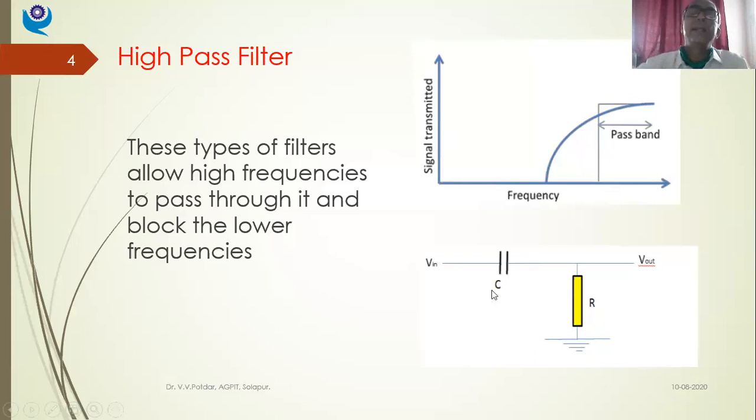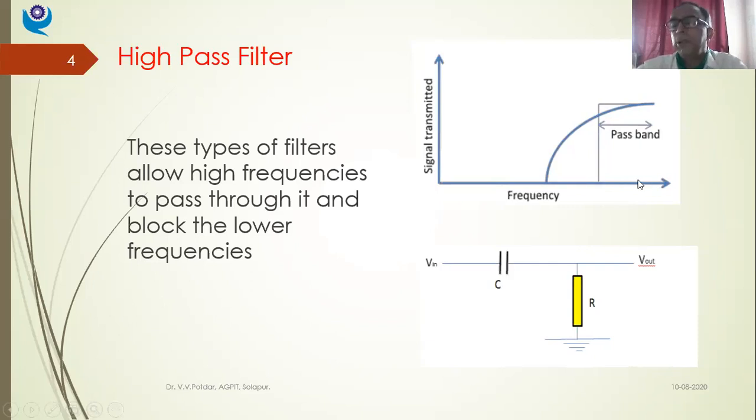Just extending your concept regarding the low frequency pass filter, what will this high pass filter do? It will allow the frequencies beyond a certain breaking frequency. Only higher frequencies will be allowed. So this is my pass band. Beyond this value of frequency, only these frequencies will be allowed.